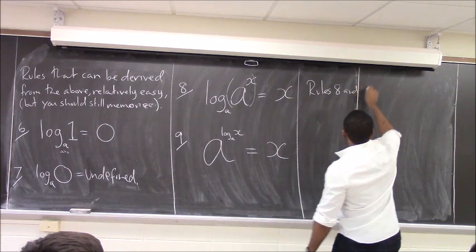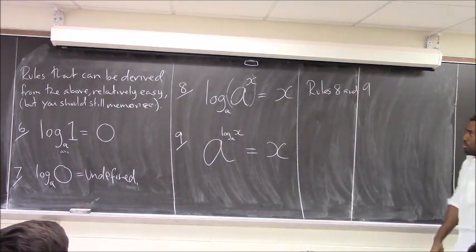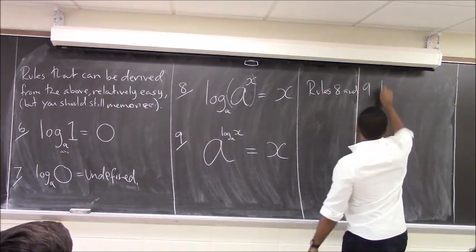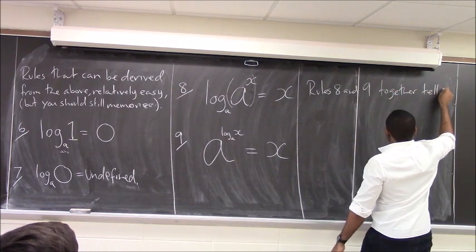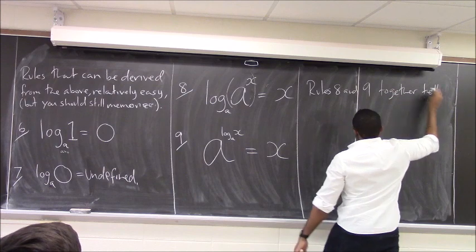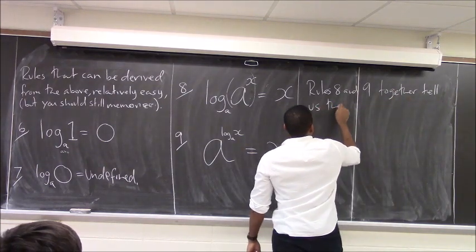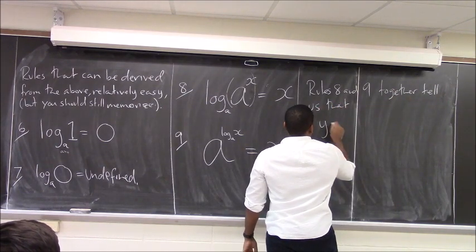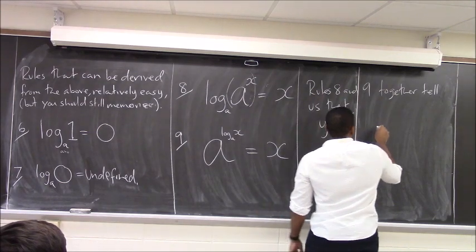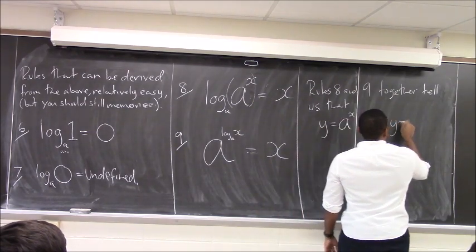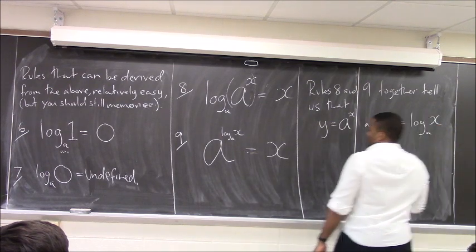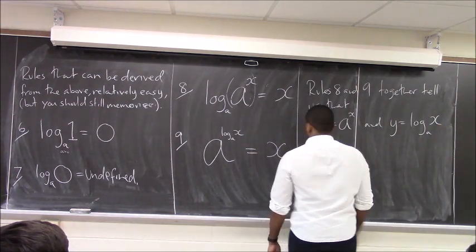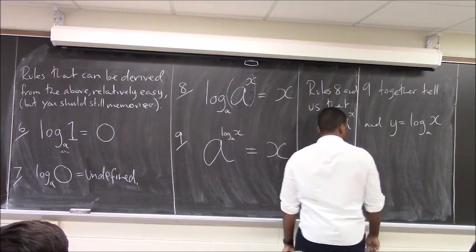Now, rules 8 and 9, at this point we can make a remark. Together they tell us that, let's say I'm considering an exponential function and a log function that have the same base. What can I say about these two functions based on 8 and 9?